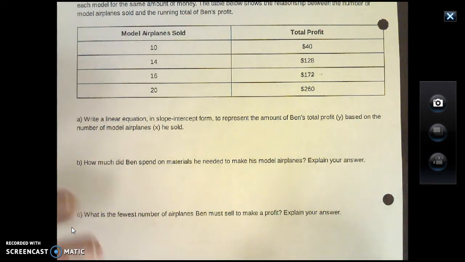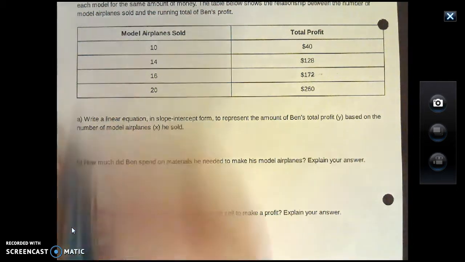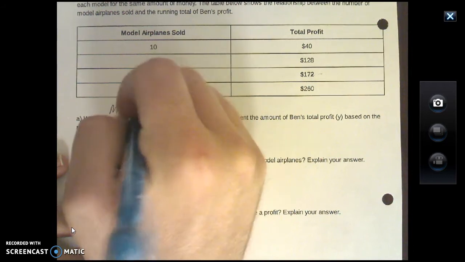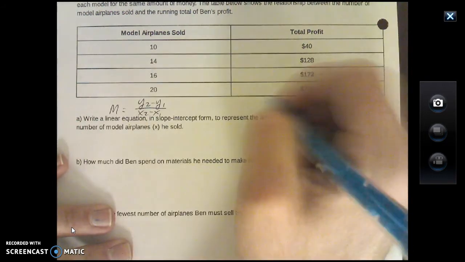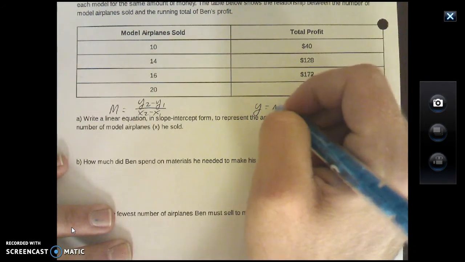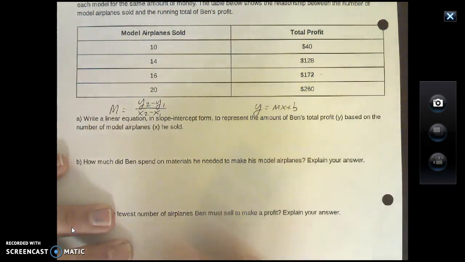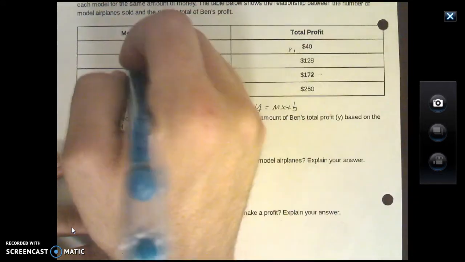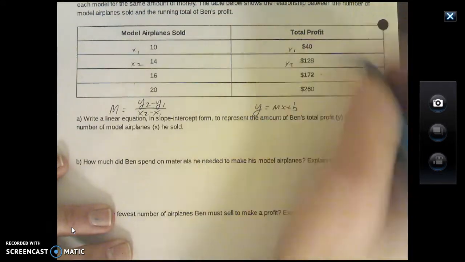You need 2 things in order to come up with an equation of a line. You need slope, okay, and then you need to go ahead and plug in for your y-intercept. So let's pick out 2 points here. I'm going to go with this one, x1, y1, and x2, y2.